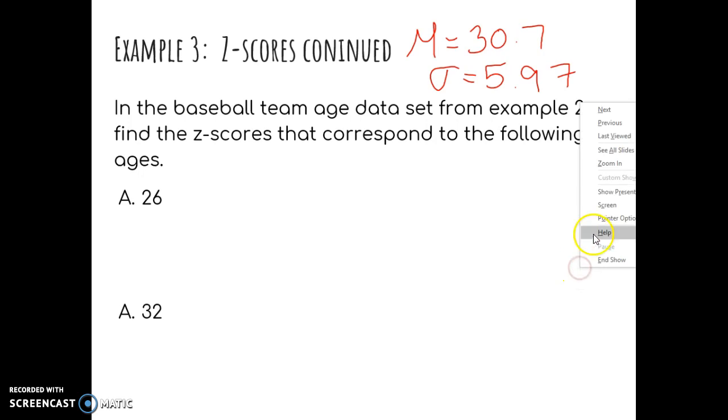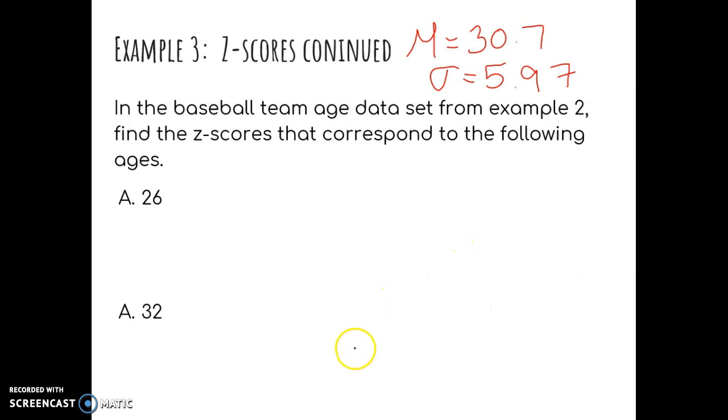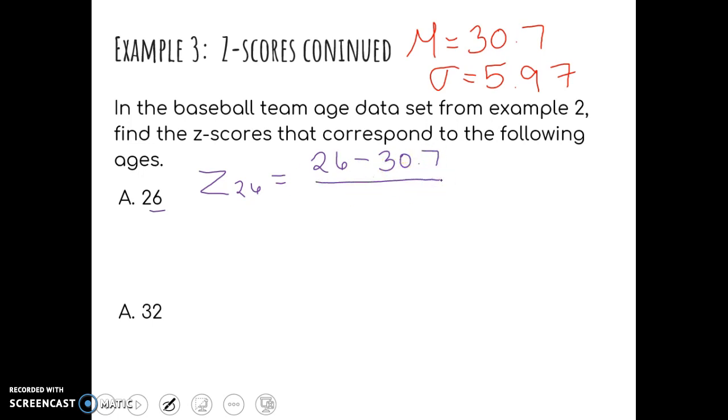Okay, so now we want to find the z-scores for 26 and for 32. So the z-score for 26 is equal to the score, the data point that we're changing, which is 26, minus the mean, which is 30.7, divided by the standard deviation, which is 5.97. So I have my calculator on the side here.